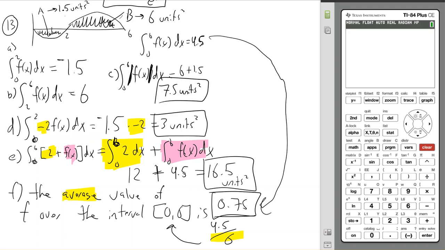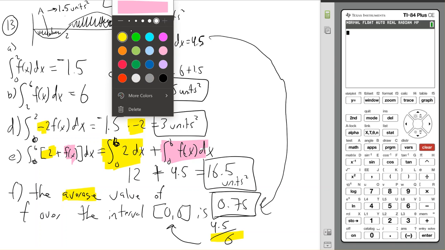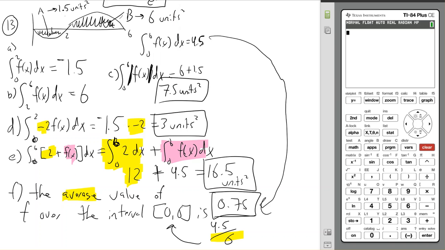Well, this part we already had. This part was given to us. And this part in yellow, the highlighted piece, you could do it one of two ways. You could either just integrate it by hand, undo power rule, plug in 6, plug in 0, subtract. And if you do that, you will get 12. Or the way Ty explained it was what I was going to add to it.